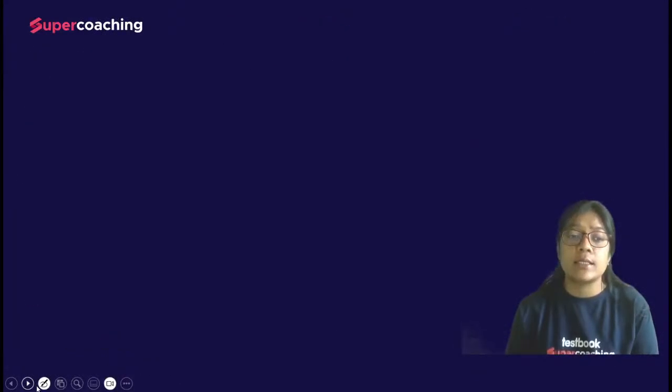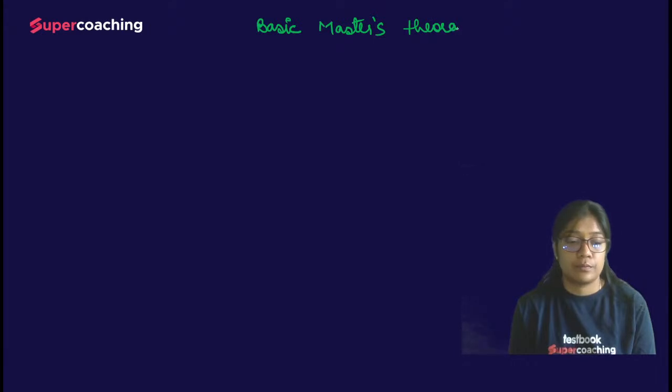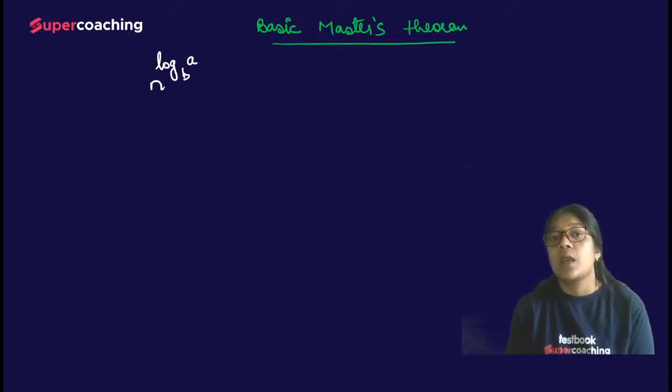Now the question is how to apply the basic Master's theorem. First of all, we need to find the value of n raised to the power log a base b. Why n raised to the power?